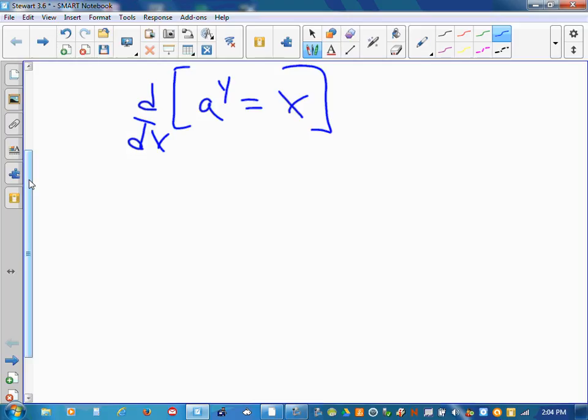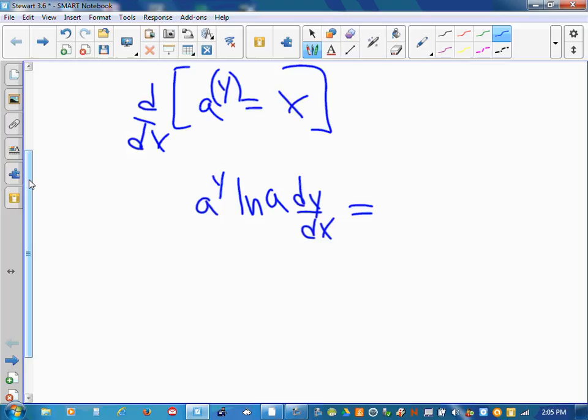So here we go. The derivative of a to the y is a to the y natural log of the base. And then I have to have the derivative of the inside, and the derivative of the inside is dy/dx. There's an inside function there.